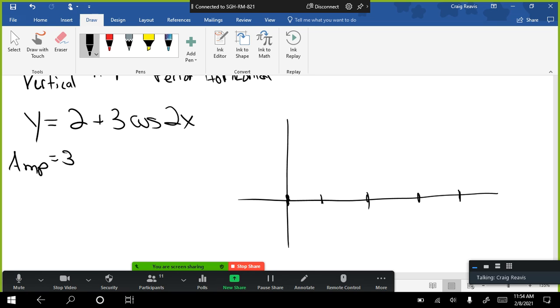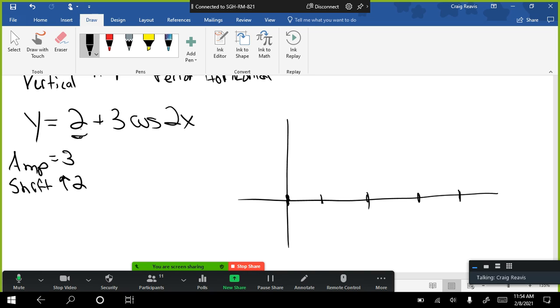All right? Now, this right here tells me everything's going to shift up by a value of 2. So normally, if it's 3 cosine, it tops out at 3. But this one is going to top out at 5 because I've shifted it up 2. Does that make sense?